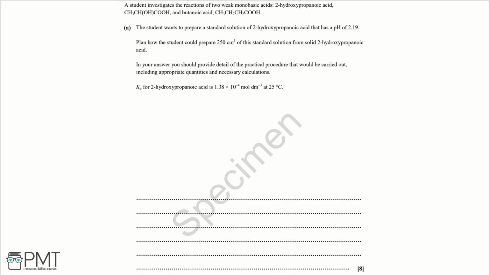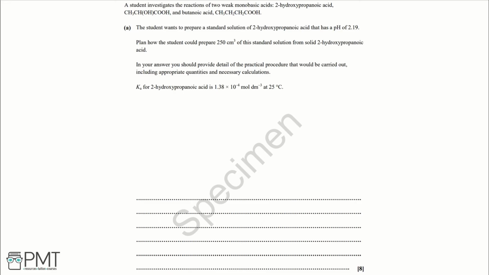Plan how the student could prepare 250 centimeters cubed of this standard solution from solid 2-hydroxypropanoic acid. In your answer, you should provide detail of the practical procedure that would be carried out, including appropriate quantities and necessary calculations.